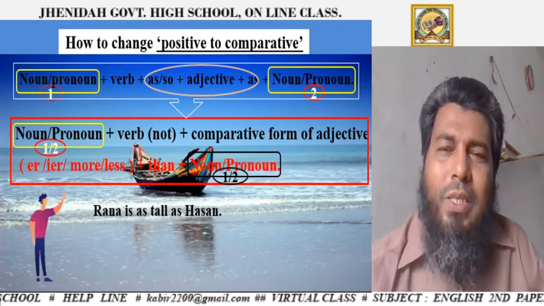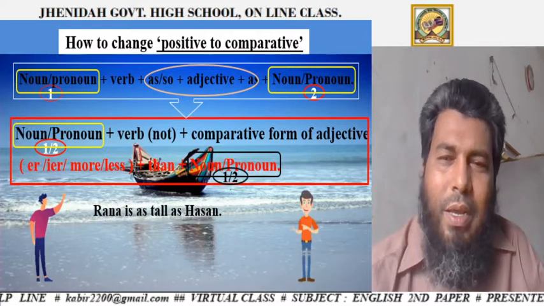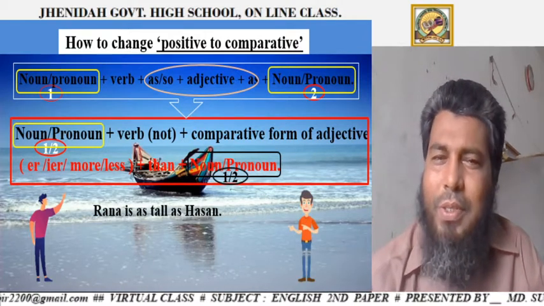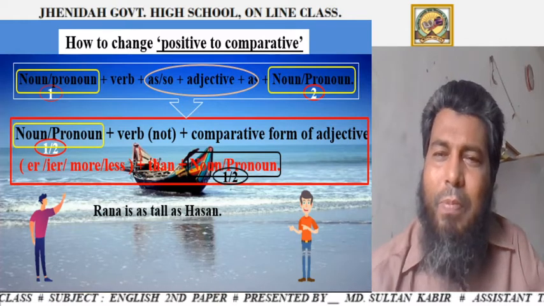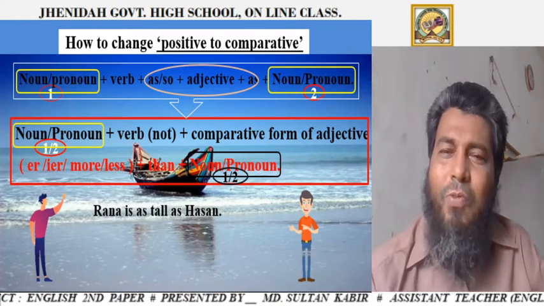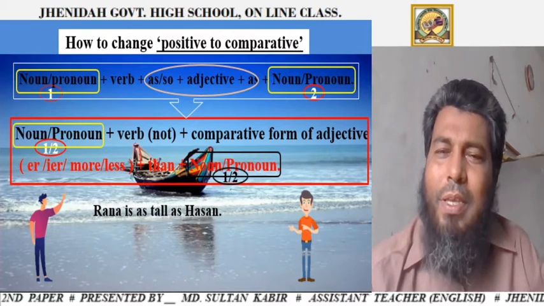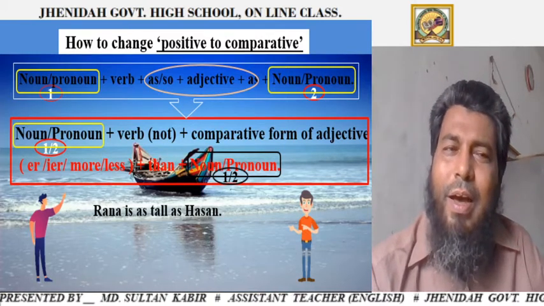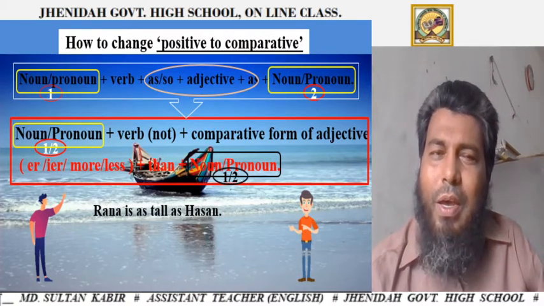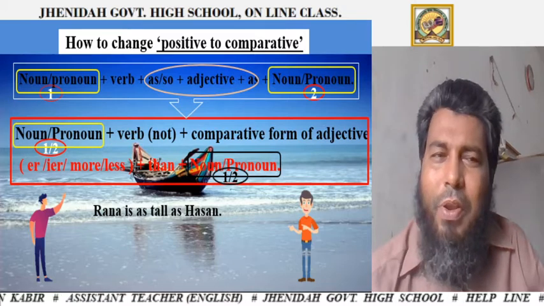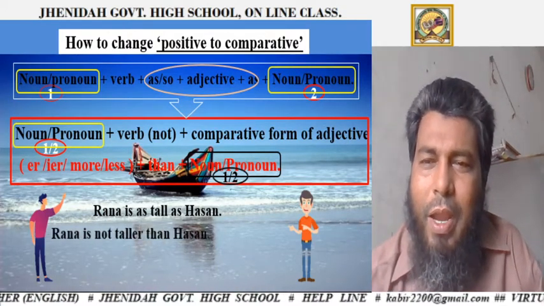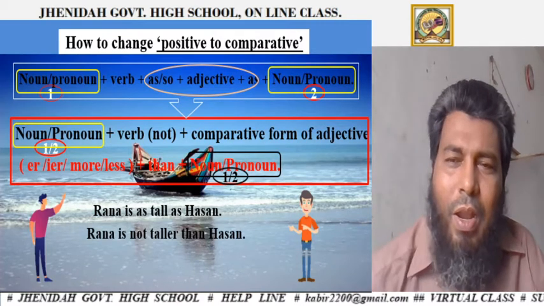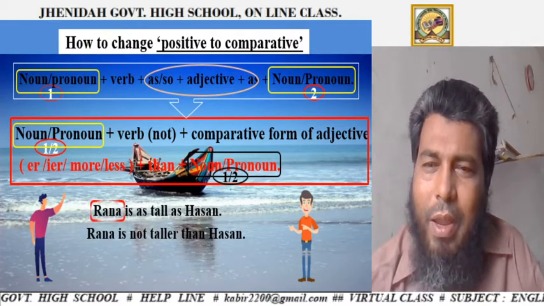Rana is as tall as Hassan. Look at this structure: the noun or pronoun at the beginning, then verb plus as plus adjective tall plus as, and then the noun Hassan. This type of positive degree can be changed into comparative like this. We add the noun Rana at the beginning.